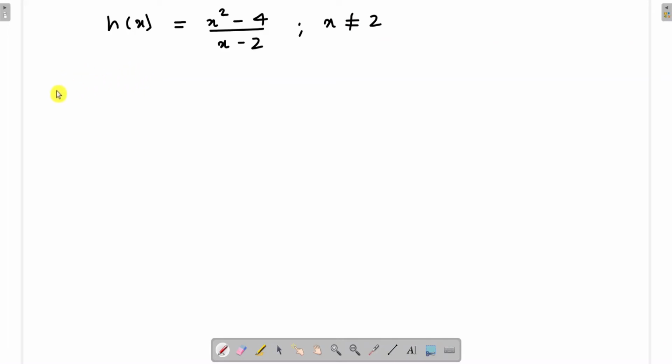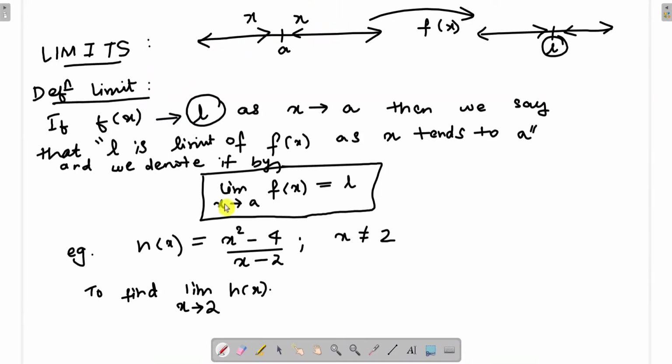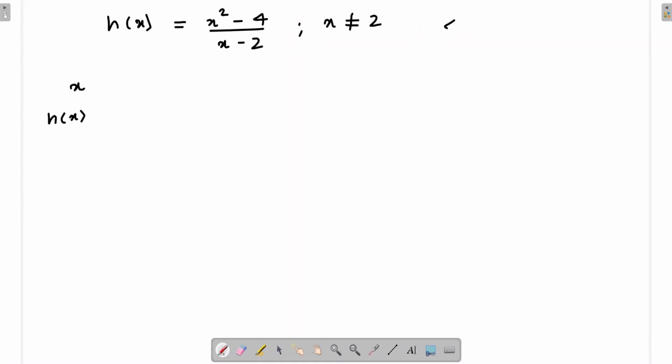If we look at the table of x and h(x), what we have to do here is just substitute various values of x in this function and get the values of h(x). We have to find the limit as x tends to 2. So if 2 is here on the number line, then you have to look at all the values which are approaching 2.